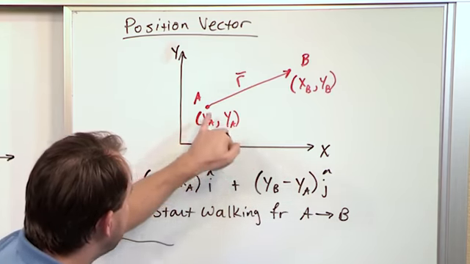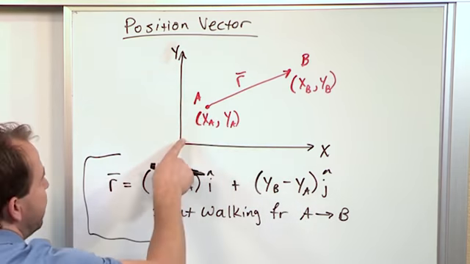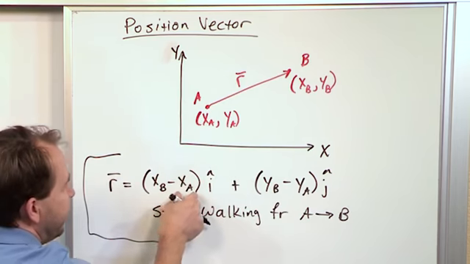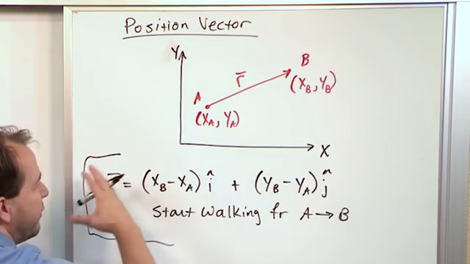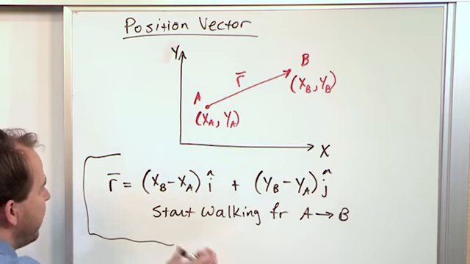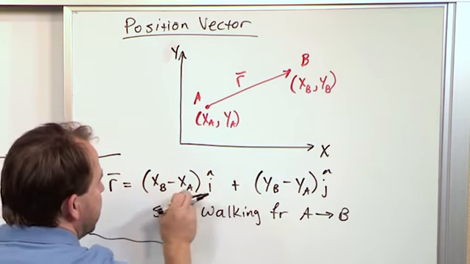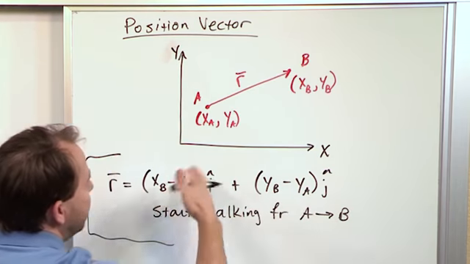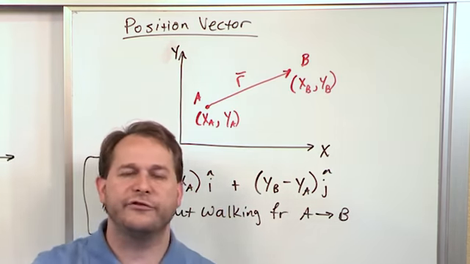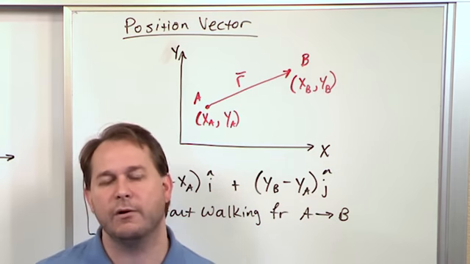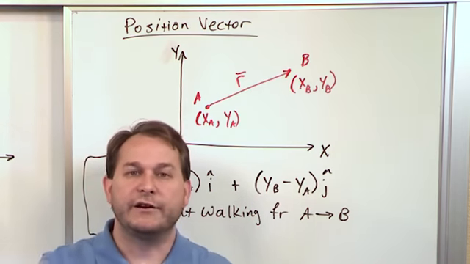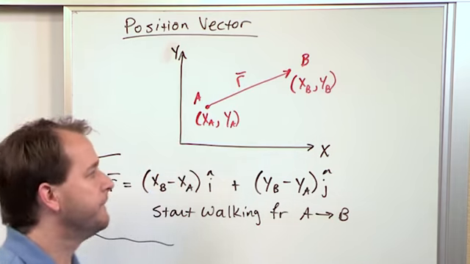And y sub A would also be 0. So it would reduce to how you normally write vectors: some component in the x direction, and then some component in the y direction. You would still, in other words, if it starts at the origin, you're still doing the subtraction, you're just subtracting 0. So it's not in contradiction with anything we've learned so far.